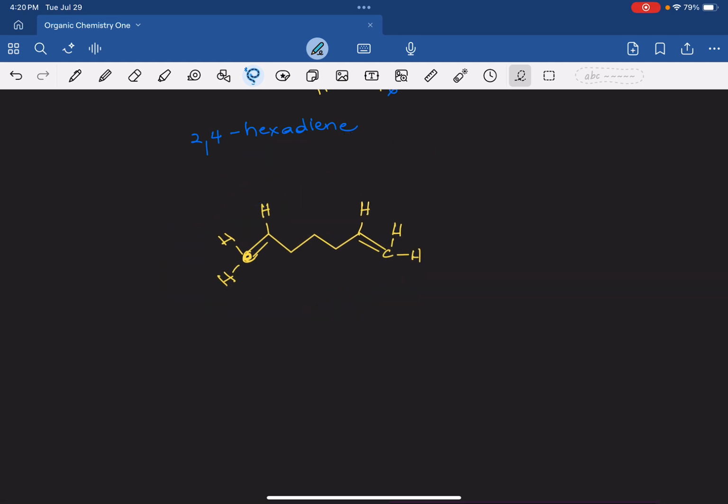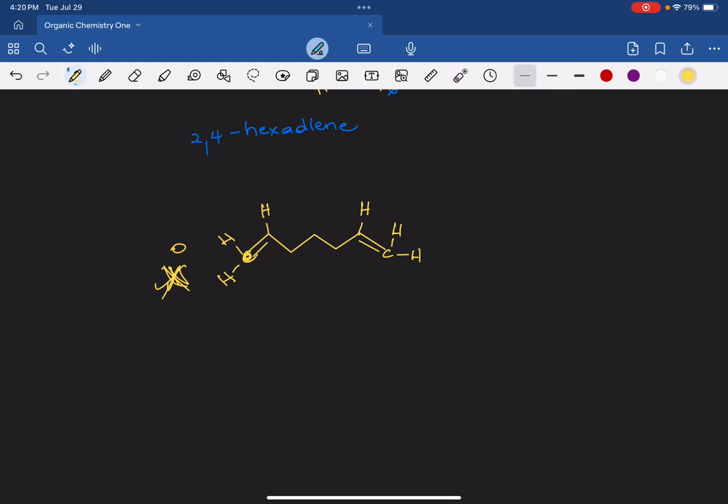Now, if the question asks how many stereoisomers can you draw for this, the usual: go to your double bond. This carbon has 1 hydrogen. This carbon of the double bond has 2. Cannot have cis-trans isomer. We have the same thing here. Here's the carbon of the carbon-carbon double bond. This only has 1 hydrogen. This, however, has 2.